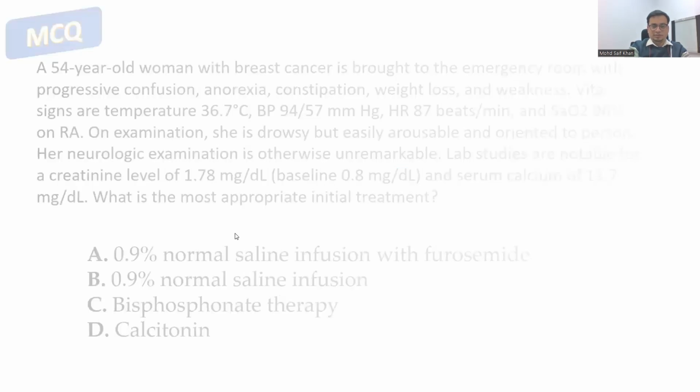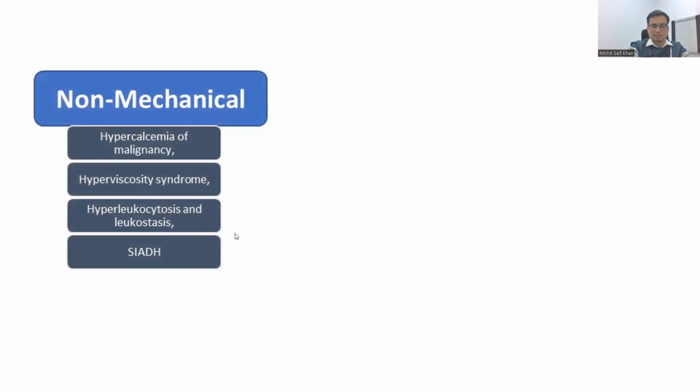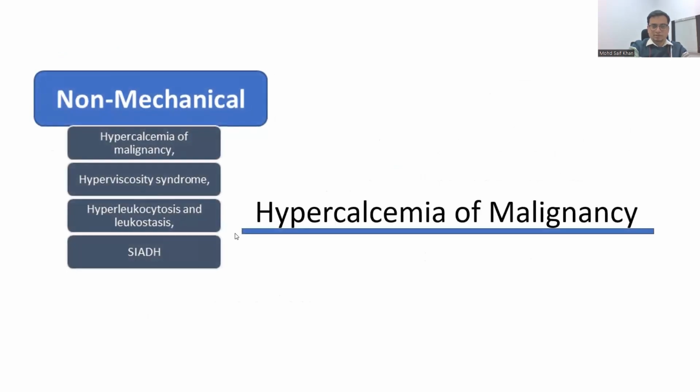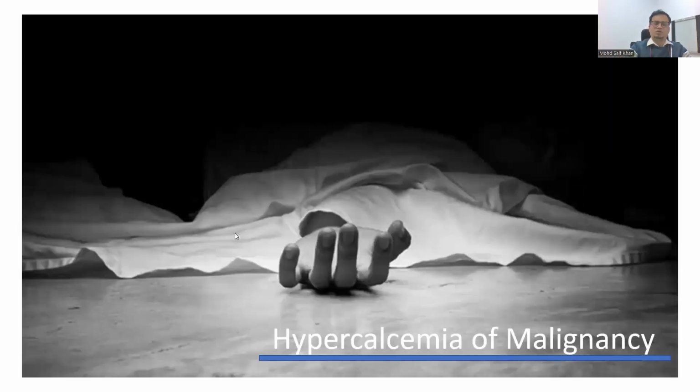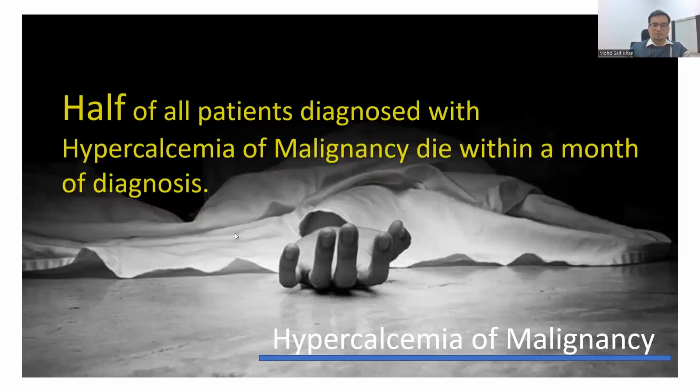So let's discuss this hypercalcemia of malignancy, which is a non-mechanical type of disease-related onco-emergency. It can occur in up to 30% of patients with late-stage malignancy. So this is a bad prognostic sign. If patient is presenting with hypercalcemia, that means that patient has already progressed to late stage malignancy or metastatic stage, and they may die within a month of diagnosis.